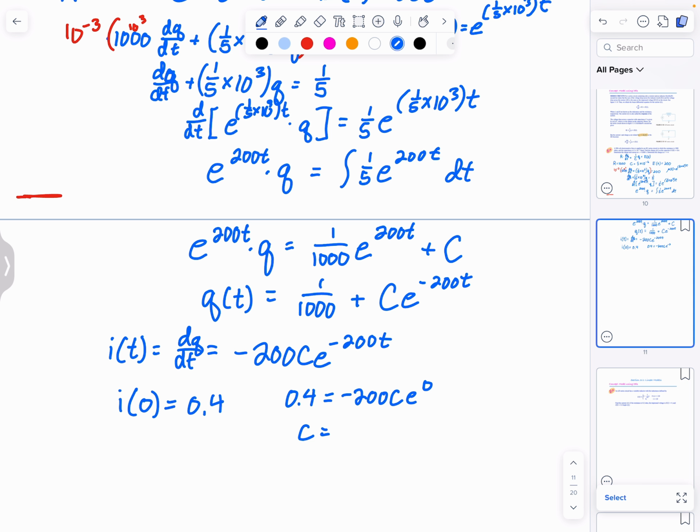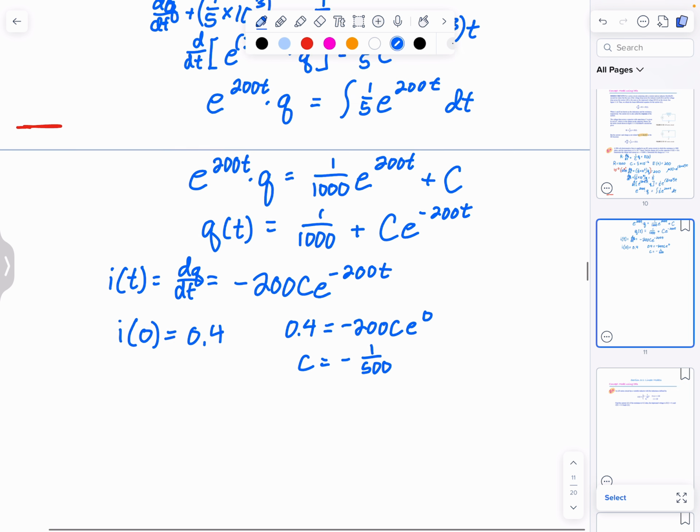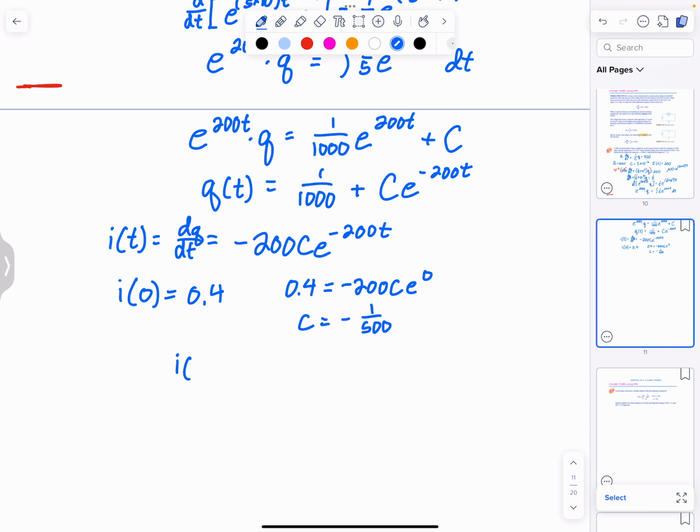Excuse me, 0. c then is negative 1 over 500. Right? So I of t then is, okay, it's going to be negative 2/5 e to the negative 200t. That was plugging in negative 1/500th to c. Oh, it's going to be a positive 2/5 because the negatives cancel.